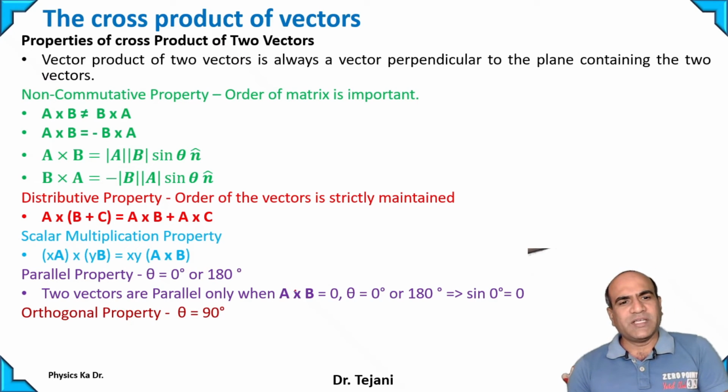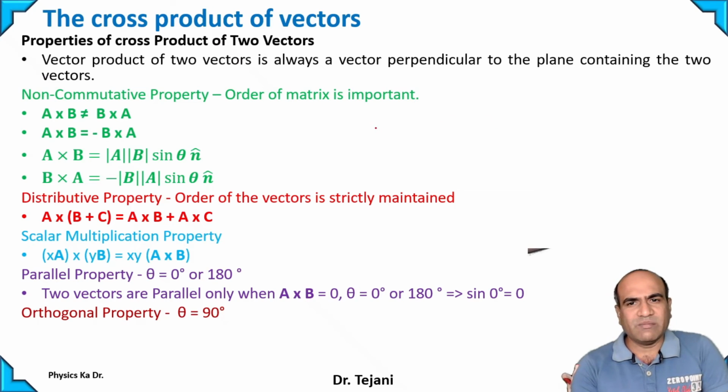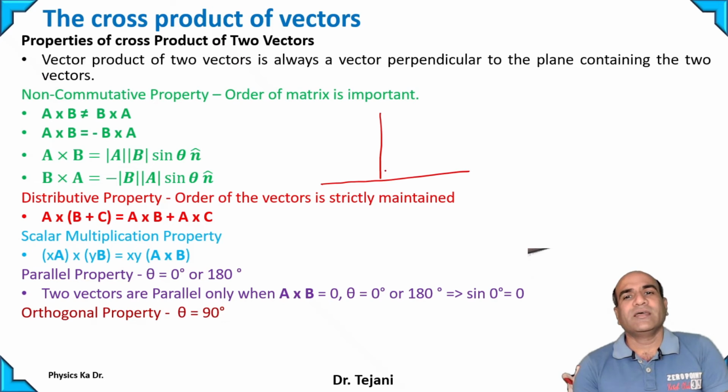And the last property is orthogonal. Orthogonal you will see many a time. Orthogonal means it is showing perpendicularity, the 90 degree property.